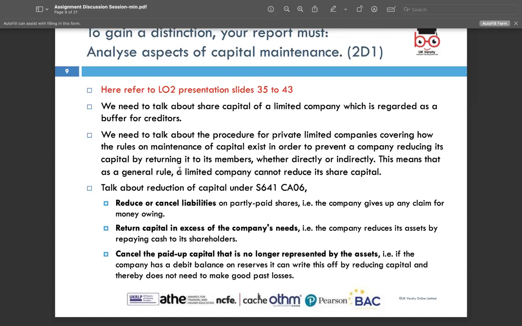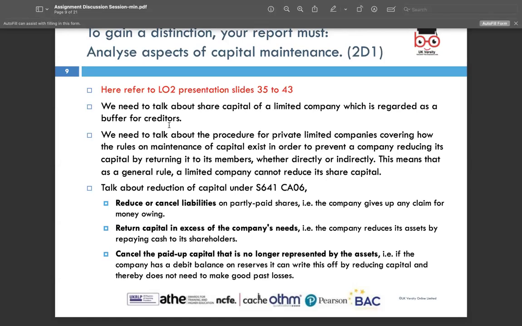Then reduction of capital under Section 641 of the Companies Act 2006: cancelling liabilities, reduce or cancel liabilities on partially paid shares; returning excess capital, return capital in excess of the company's needs by repaying shareholders; then cancel paid-up capital that is no longer represented by assets, such as writing off a debit balance on reserves to make good past losses.